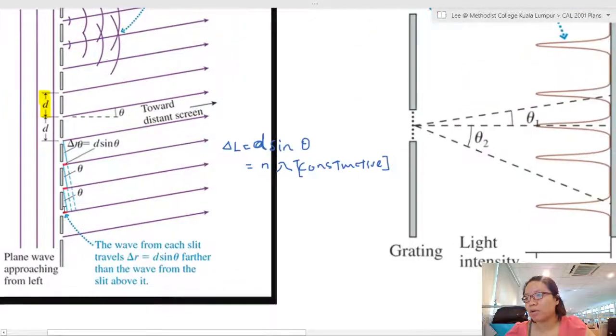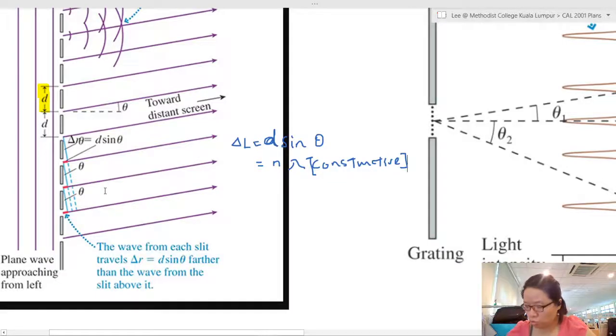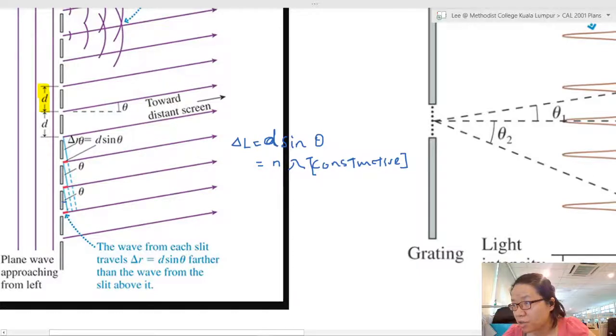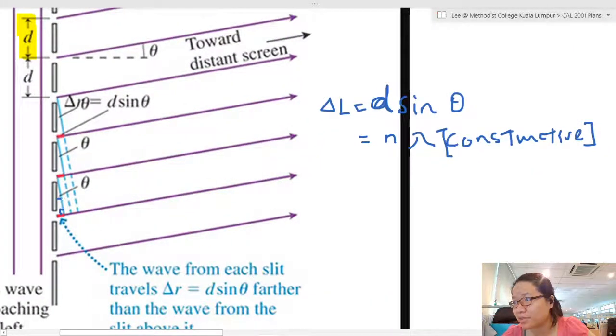And theta is also this little tiny angle here. I already explained in a very long-winded way why they are both the same. I cannot draw so tiny, OneNote doesn't allow. So this is my theta, and this is also theta to the horizontal. Find the proof in the interference chapter.